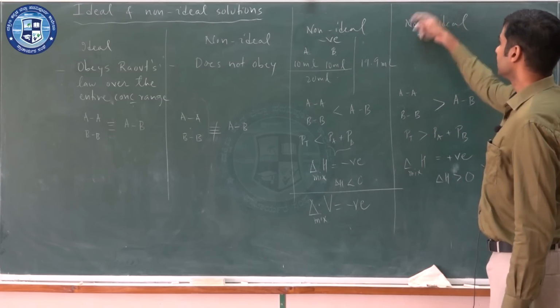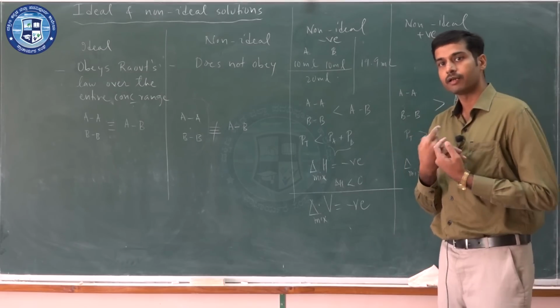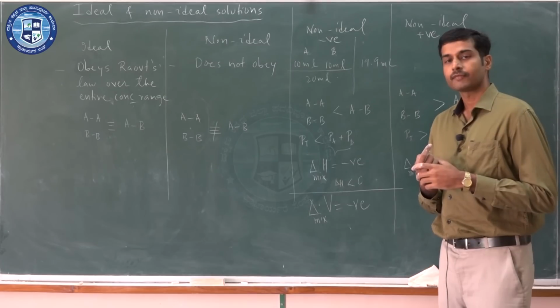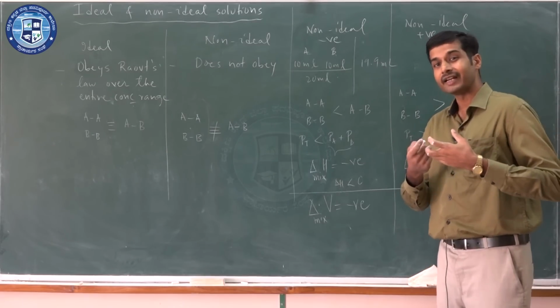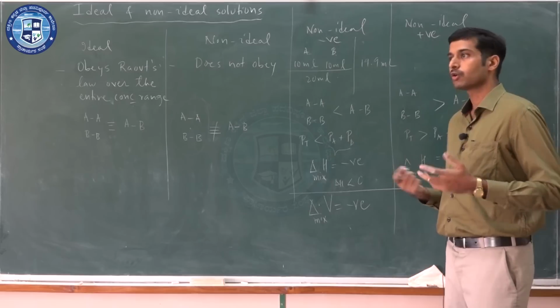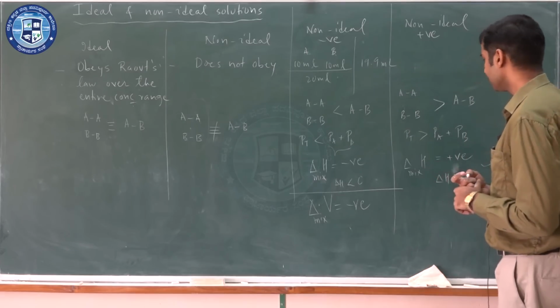What will happen in this particular category? The molecules once again are having less attraction, and because of this the tendency is to move away from each other, and when they move away from each other, expansion will be observed.